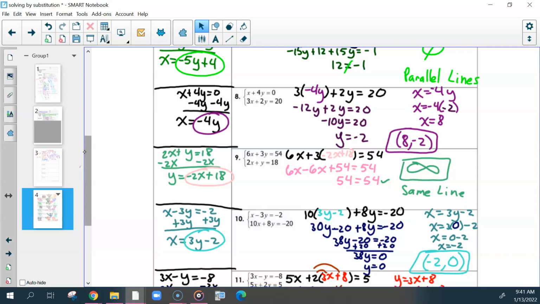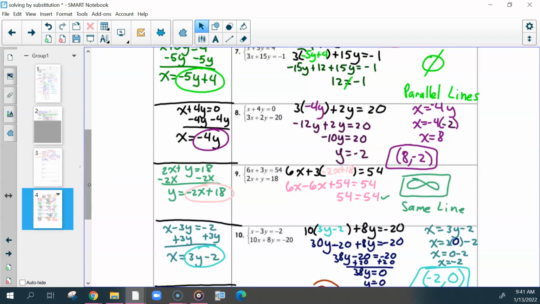Say that one more time. So for number 8, you needed to solve one of the equations. The easiest one would have been this one where x is by itself. So subtract 4y on both sides. Because this side is 0, this side would just be negative 4y. You don't need the plus 0, you could put it, but it's not necessary.